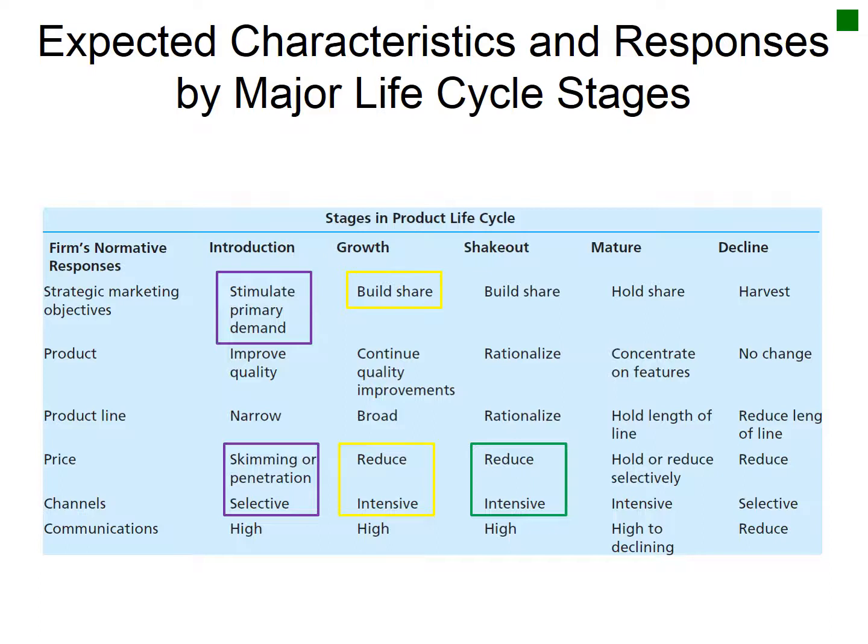We'll continue that through the shakeout period. We want to continue to build share, so the same type of strategies are there. Again, very defensive and aggressive behavior towards our competitors at this point, because they're trying to do the same thing, and the volume of competitors has increased by this point.